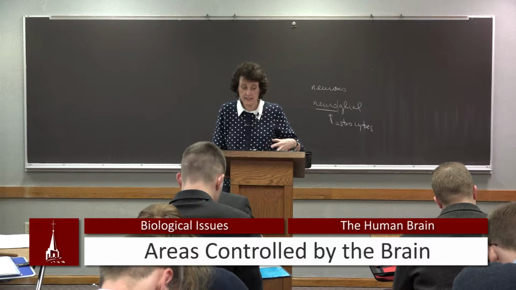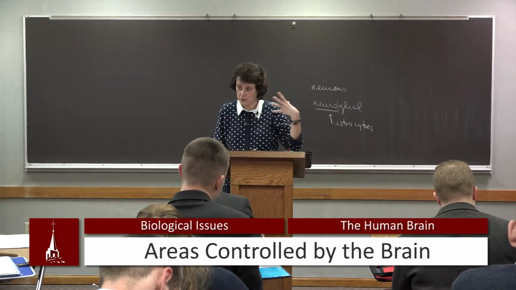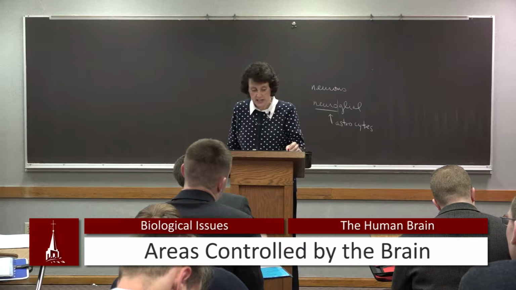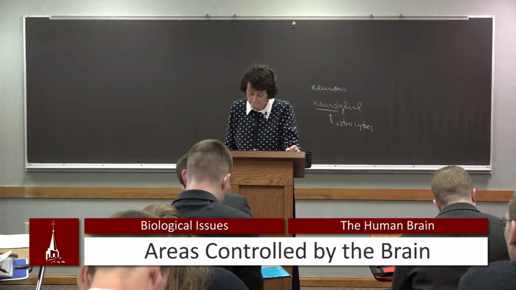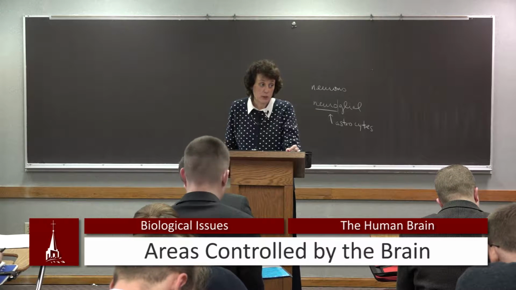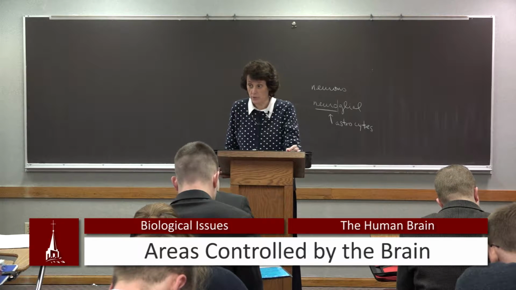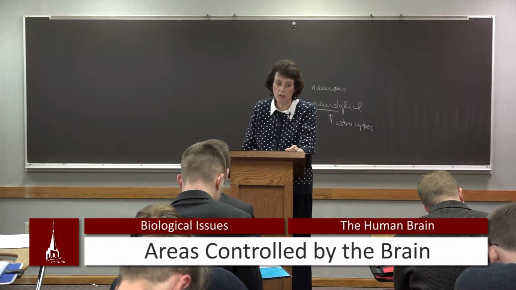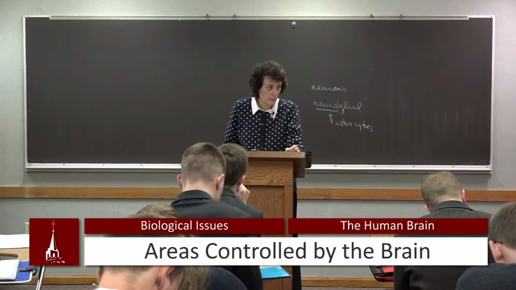All of your motor skills, your muscle movement, and your muscle coordination, it's called motor activity and coordination, is controlled by the brain. All of your sensory interpretation is done by the brain. You have 5 senses: touch, taste, smell, sight, and hearing. All of those are interpreted in the brain.